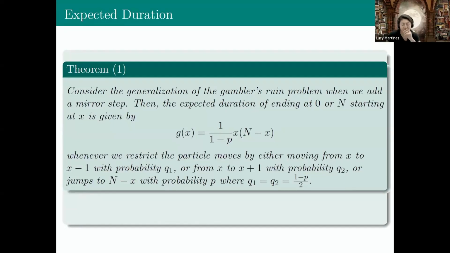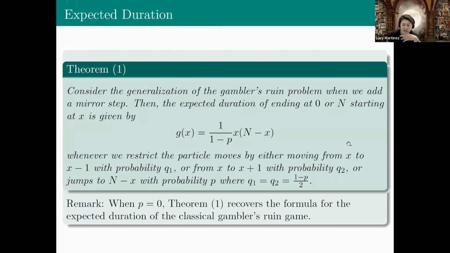So in our previous example, because p was 1/2, it was maybe a little bit misleading, but it is related back to the classical Gambler's Ruin games. And the nice thing about this is that when you plug in p equal to 0, you do recover that x times n minus x, the formula for the expected duration of the classical Gambler's Ruin.